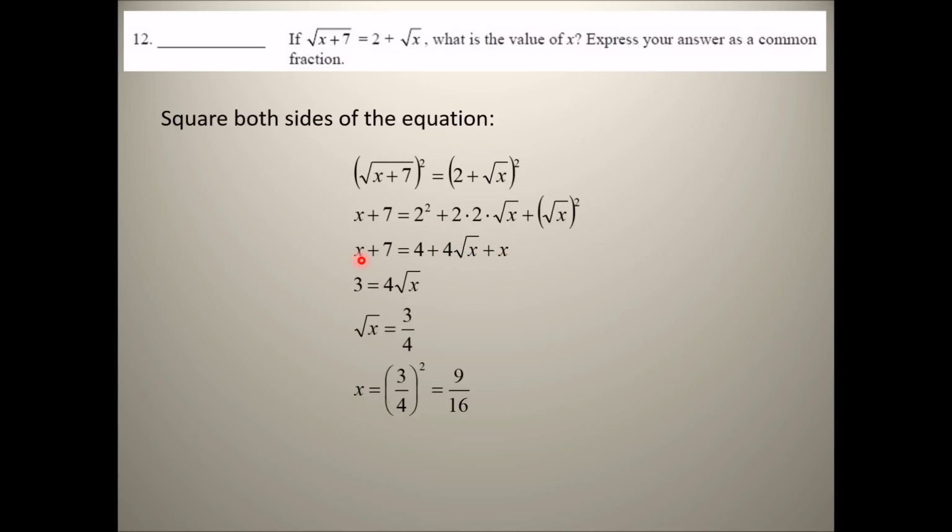The x's cancel out, and you subtract the 4, so you get 3 equals 4 times square root of x. You divide by 4 on both sides to get square root of x equals 3 over 4, and then you square both sides to cancel out the square root, and you get x equals (3/4) squared, or 9/16. You can't simplify it any further because there is no other common factor. So the answer is 9/16.